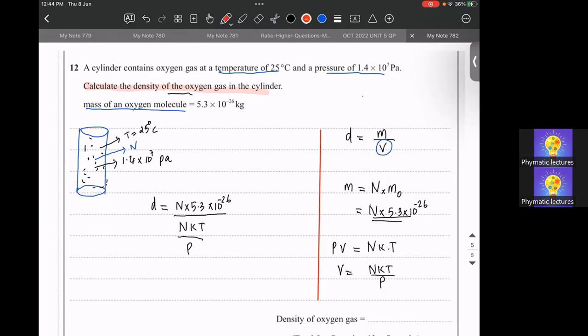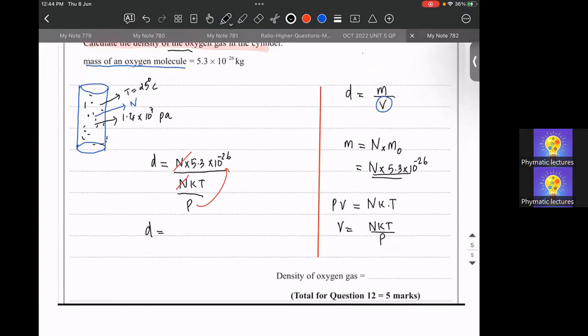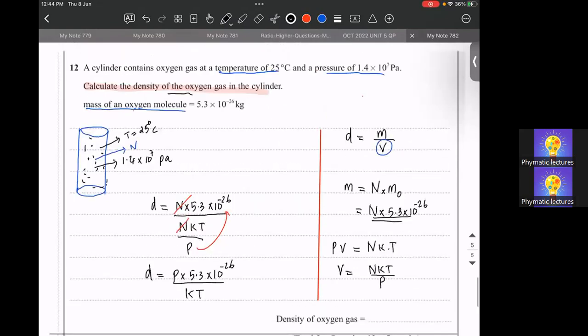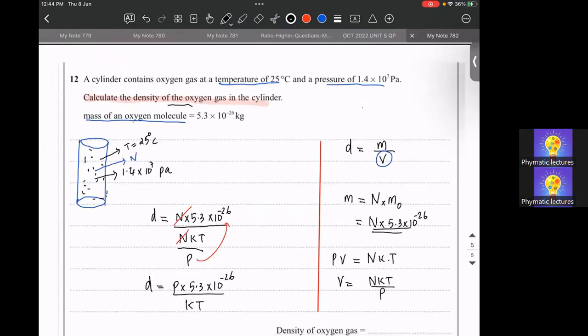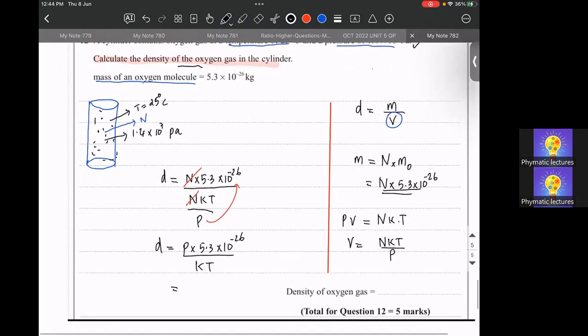Any questions? No, right? Then you can cancel this n and n, and the pressure goes to the numerator by applying the basic idea of algebra, that is pressure multiplied by 5.3 times 10 to the power of minus 26 divided by K times T. The pressure is given, so make sure that we are using the proper unit. Yes, it is given in Pascal, so we are 100% confident to use that value.